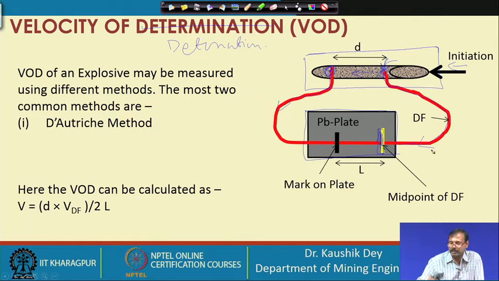So, in both cases the detonating fuses have initiation, and the propagation directions are opposite to each other, and this is the point where both initiations meet each other, and as they meet, it gives an impression on the lead plate. Now, from this we have a known point, this one, which is the middle point of the detonating fuse.